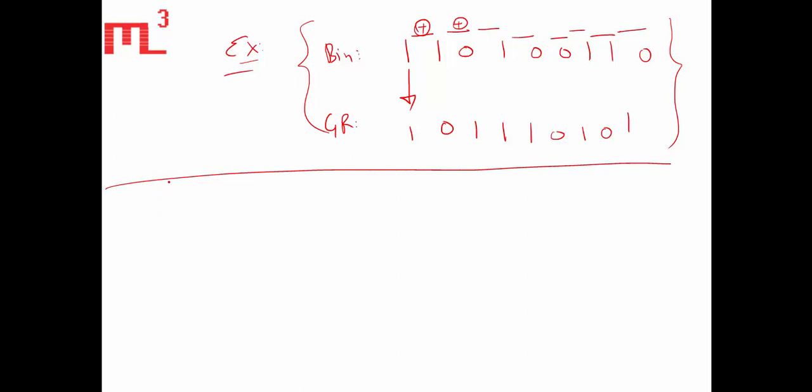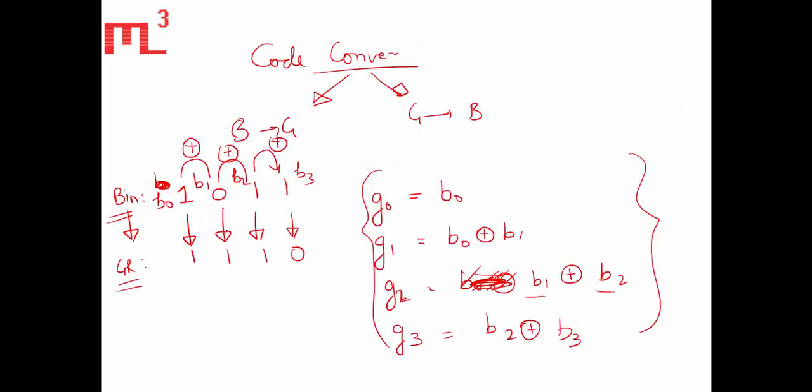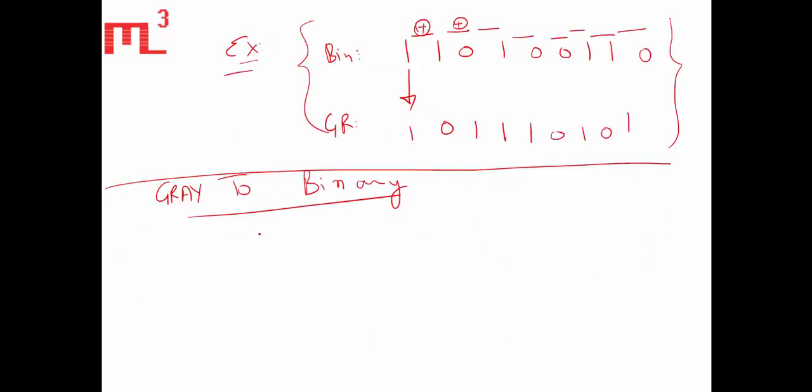Now the second conversion is gray to binary. How will you proceed for this one? In the previous concept, we used 1011, and that was converted into 1110. We will use that one only, 1110. The way is, put the first one as it is.